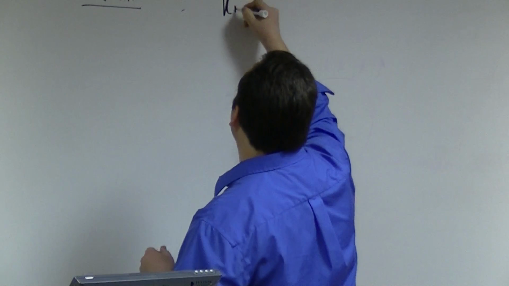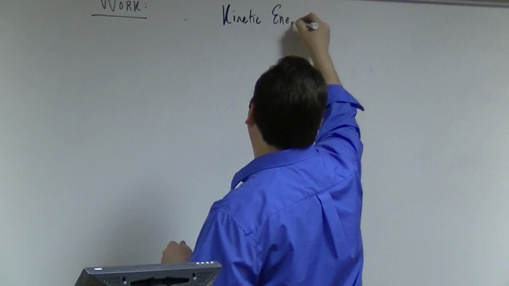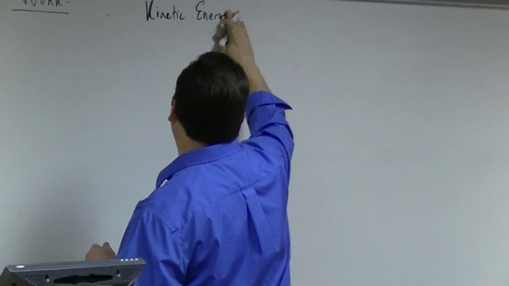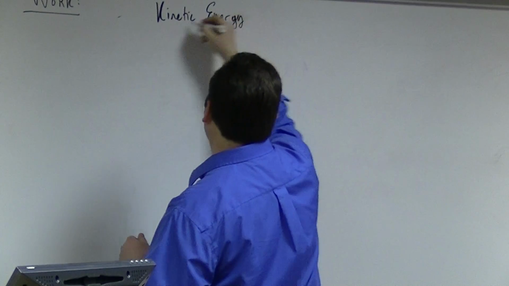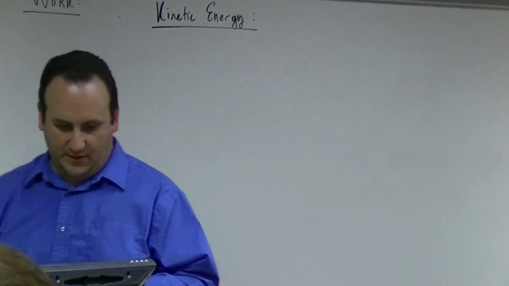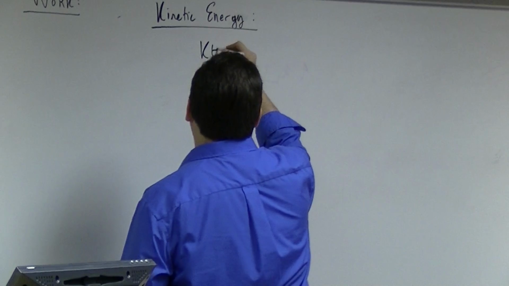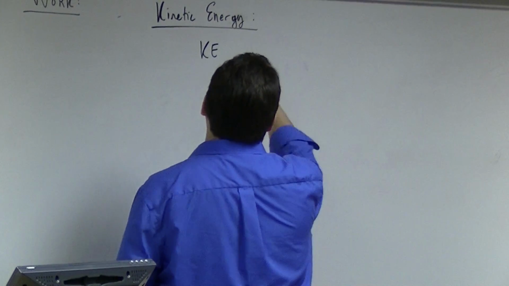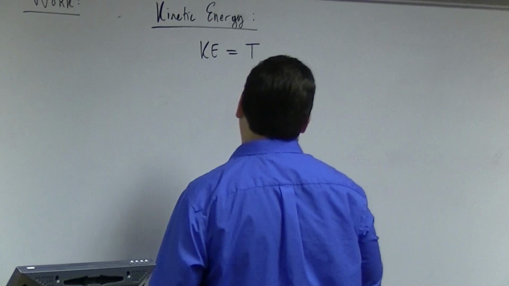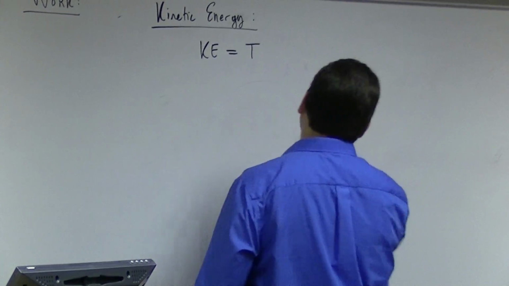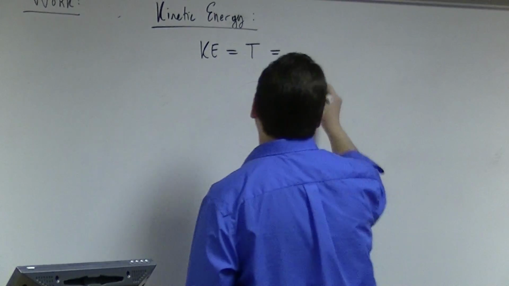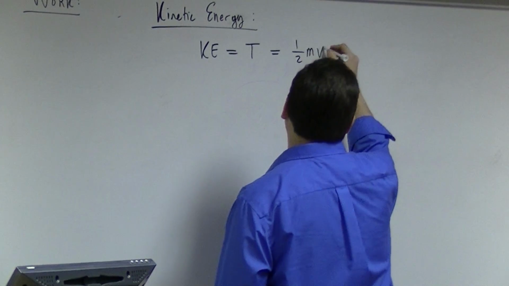So what is kinetic energy? Depending on who you are, there are different letters that I see people use for this. I sometimes prefer KE, which is obviously kinetic energy. At times I use T when I'm feeling more sophisticated. But whatever floats your boat, it is 1/2 mv squared.